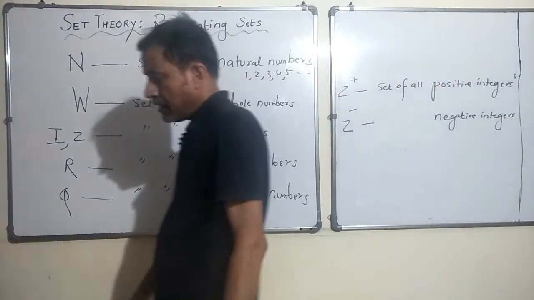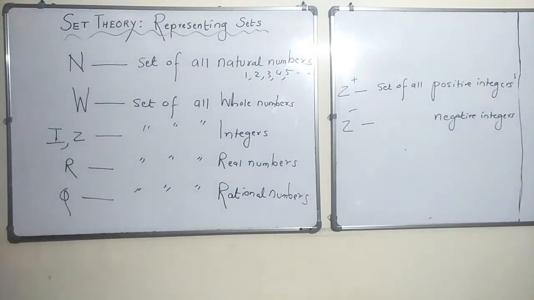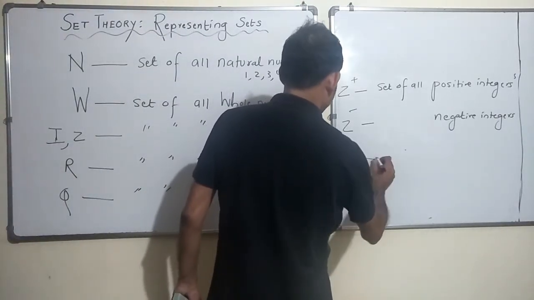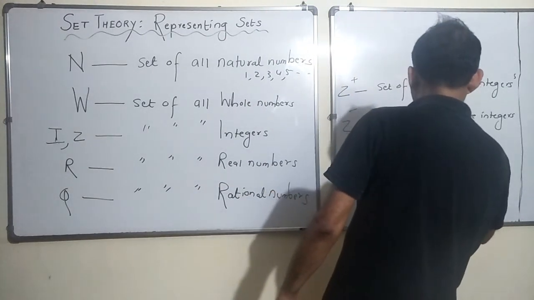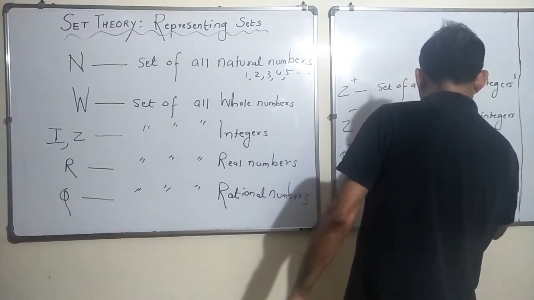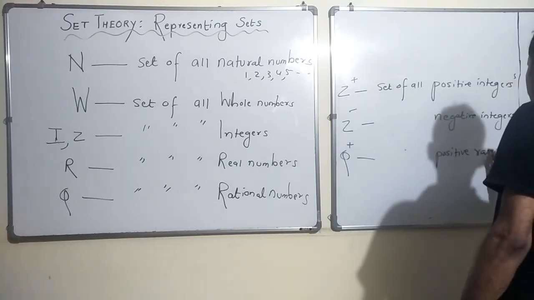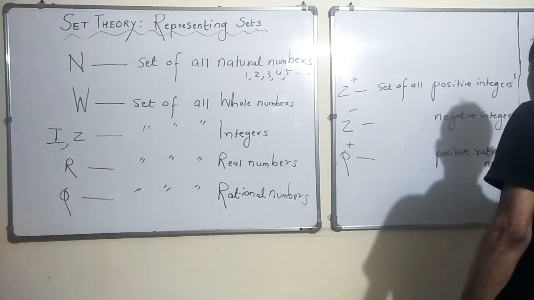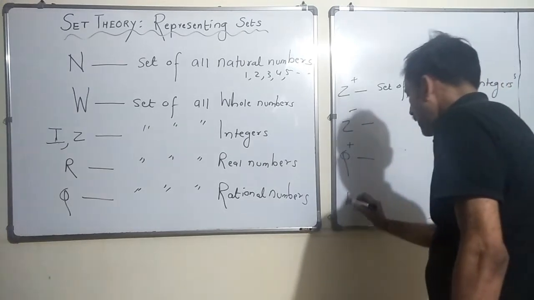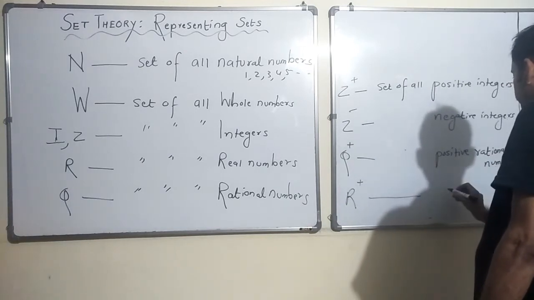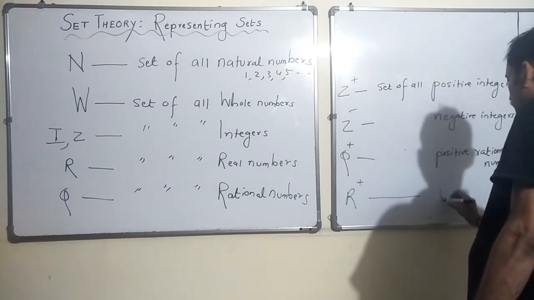And similarly we also have Q plus, the set of all positive rational numbers, and R plus, the positive real numbers.